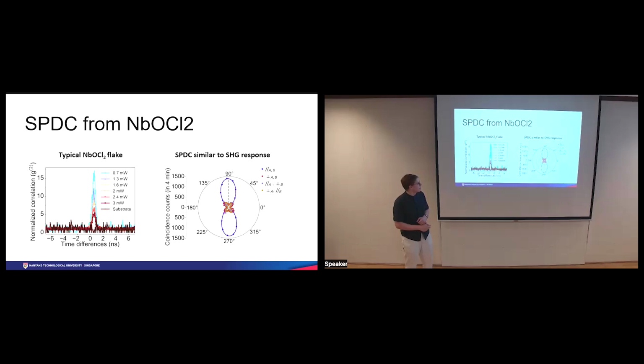And then we have a full polarization characterization. We measure the coincidence counts as a function of the pump polarization. In the collection arm, the polarization is set relative to the pump: along the pump, perpendicular, and then the two where the polarizations in the detector arms are perpendicular to each other.